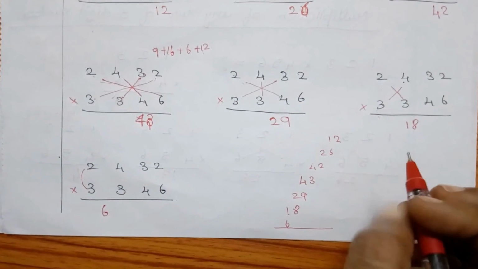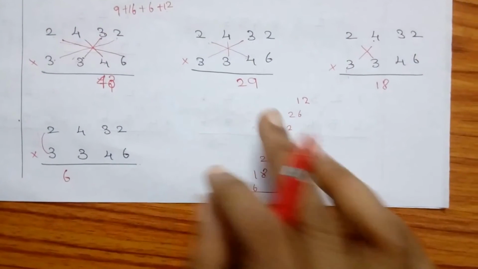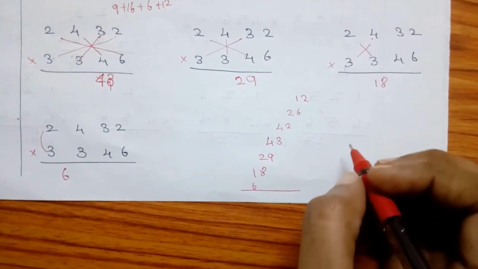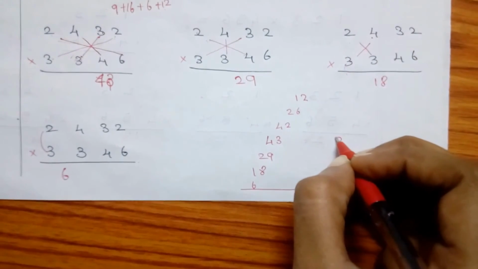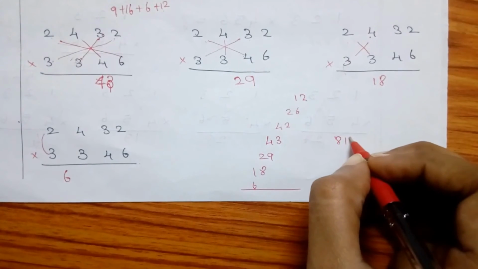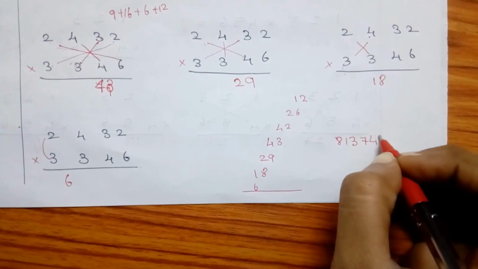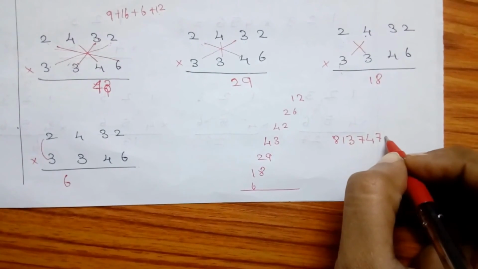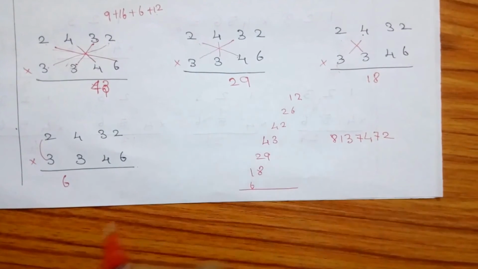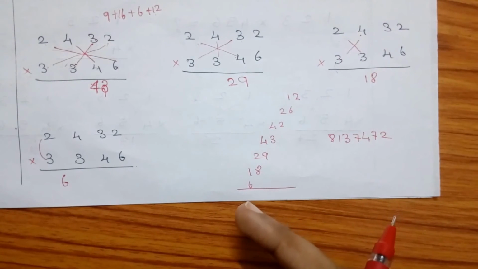For the total answer, by adding this, we will get 8, 1, 3, 7, 4, 7, 2. Okay, this will be the answer when you add these all.